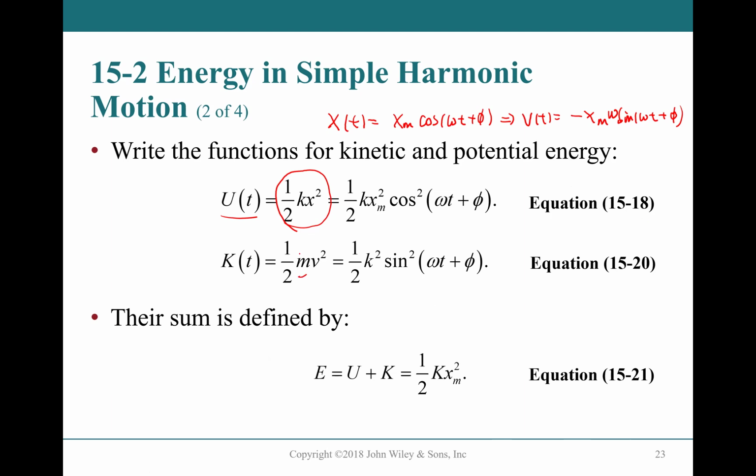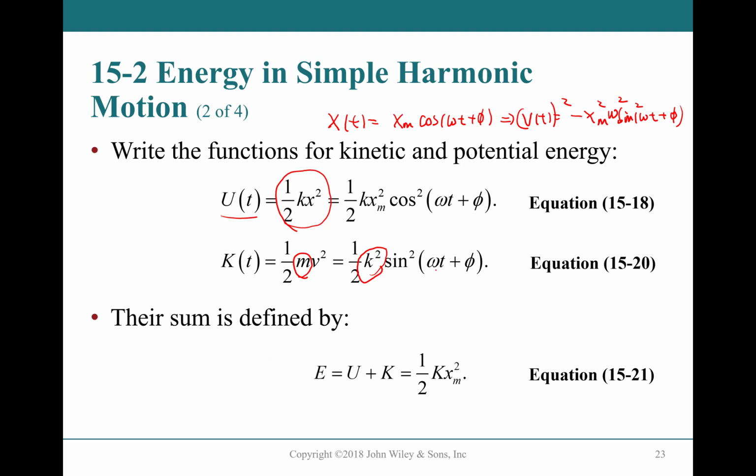Once you have your m and your omega squared, you square this whole thing, so you get omega squared and x squared. So omega squared and m equals k. And then you get sine squared(omega t plus phi), okay? So this is how we get that.